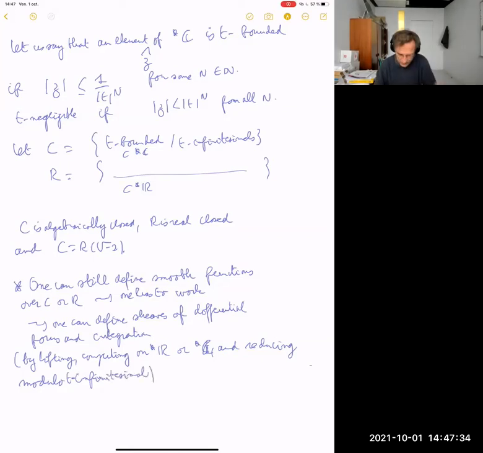And of course, one then has to ensure that it does not depend on the lifting. So here one has to work, especially for the definition of smooth functions already, and for the integration. This part of the paper consists in showing that the theory of integration of compactly supported smooth forms is well defined over the field C or over the field R.